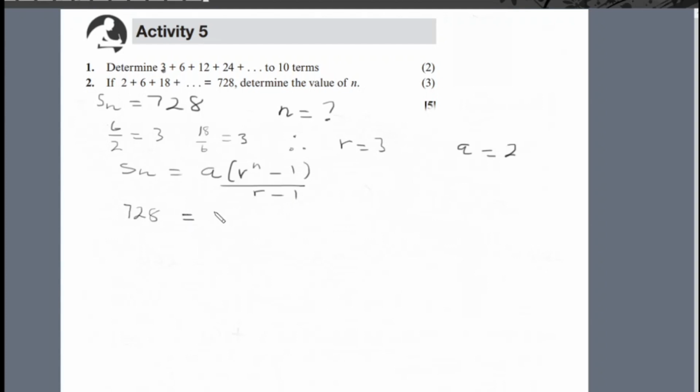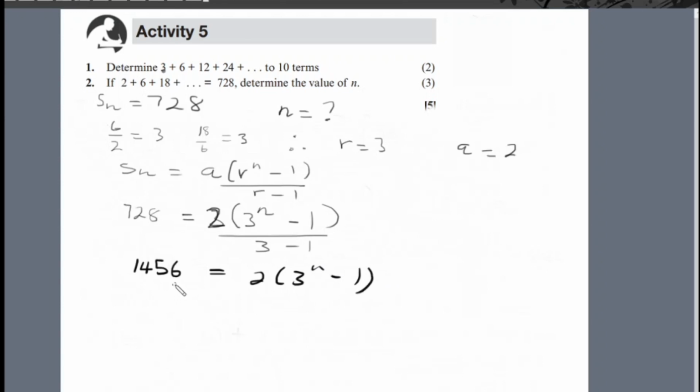And then a is 2, and then r is 3, n kuyesimfunako, minus 1, over 3 minus 1. So 3 minus 1 is 2, 728 times 2, that's 1456, which is equal to 2 times 3 to the n minus 1.